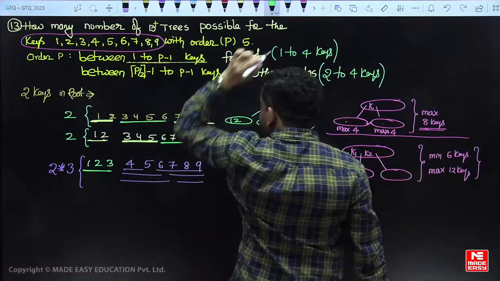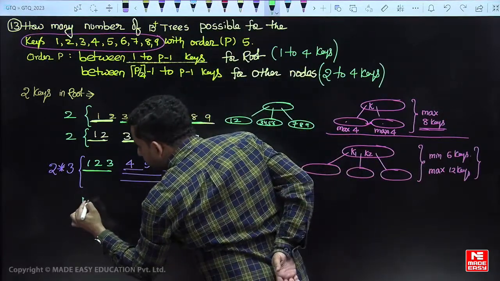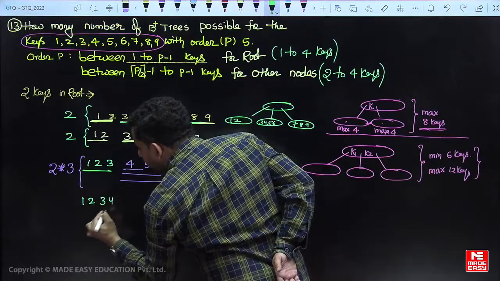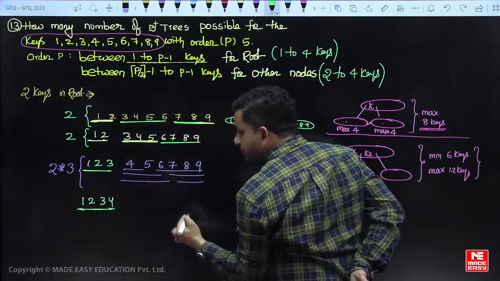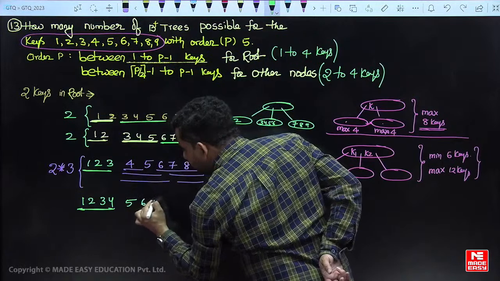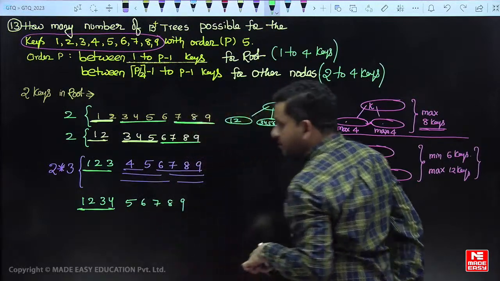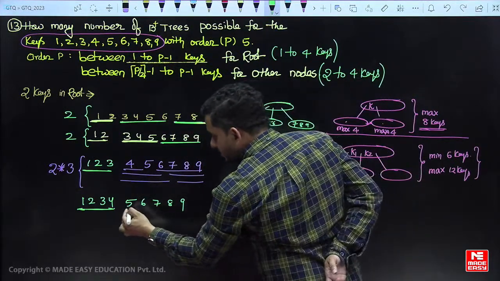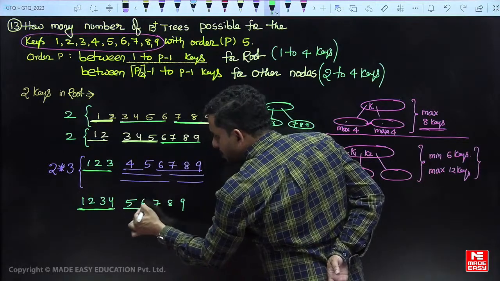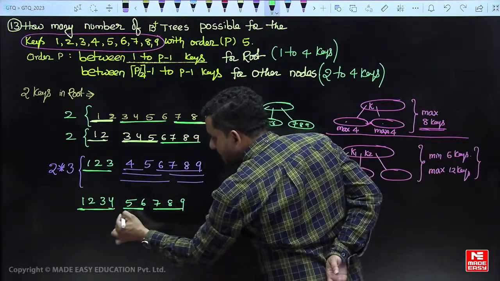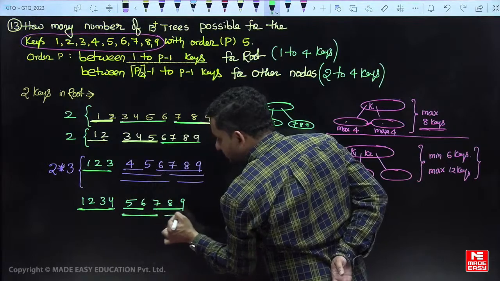The other possibility is 1 2 3 4, 4 keys in the first leaf node. Then 5 6 7 8 9 remain, so I can take 2 keys and 3 keys, or 3 keys and 2 keys.